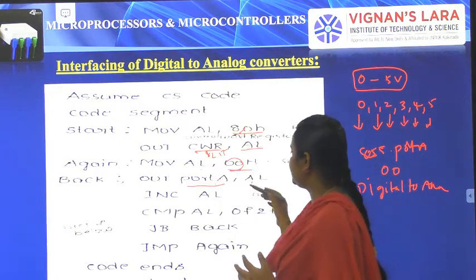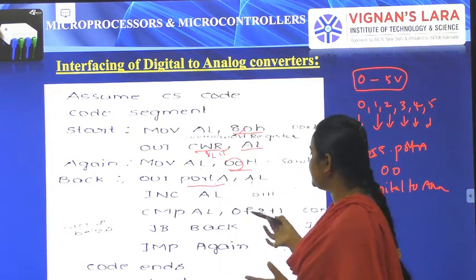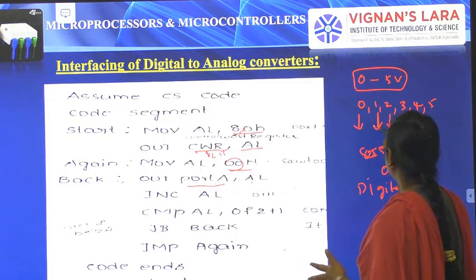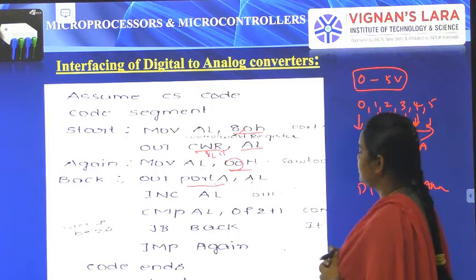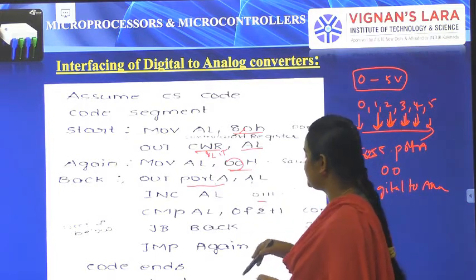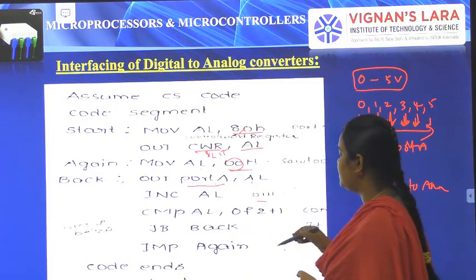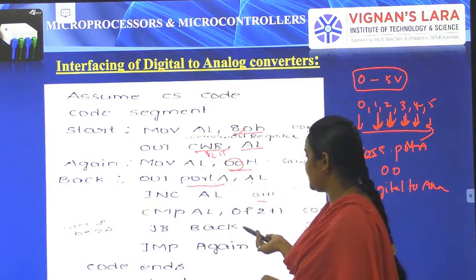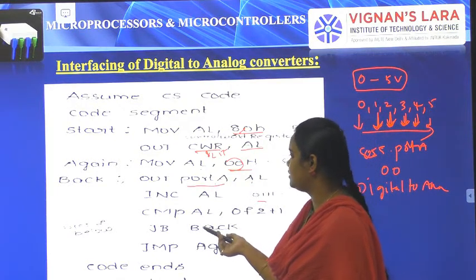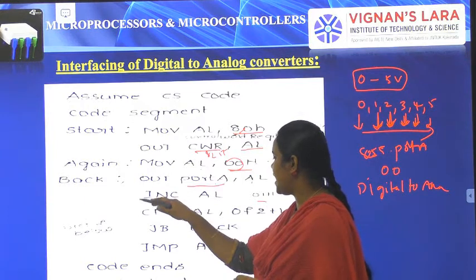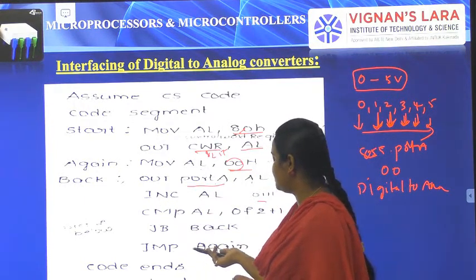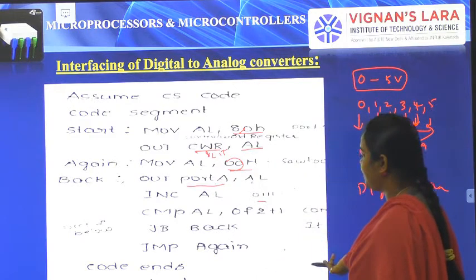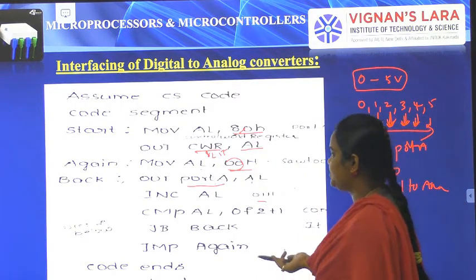Then whenever it converts, it increments the steps, that means 1, then 2, 3, 4, like that up to 5. We are incrementing 00, 01, 02, 03, 04, 05. Jump back if no carry is there, then jump back again.